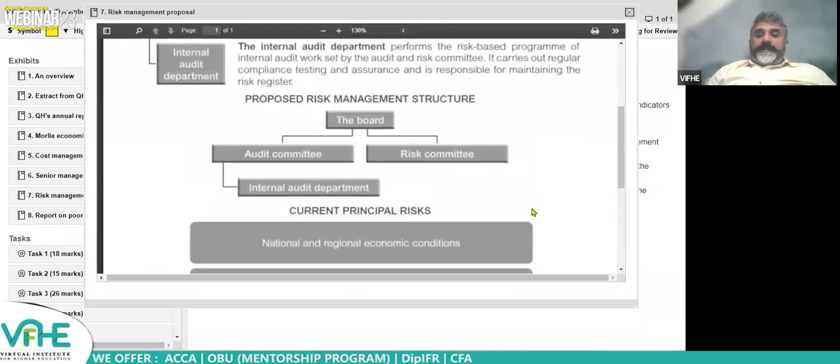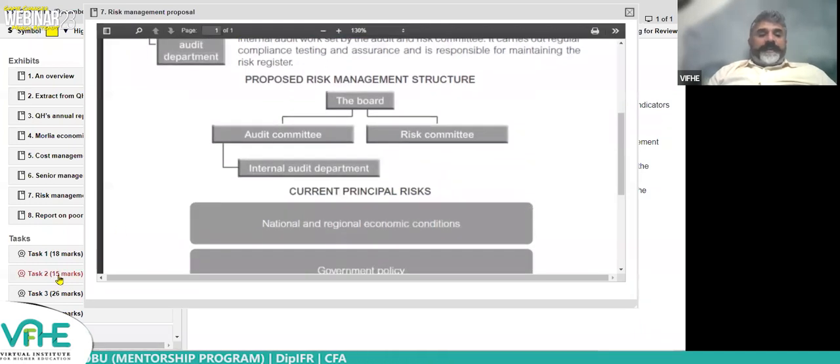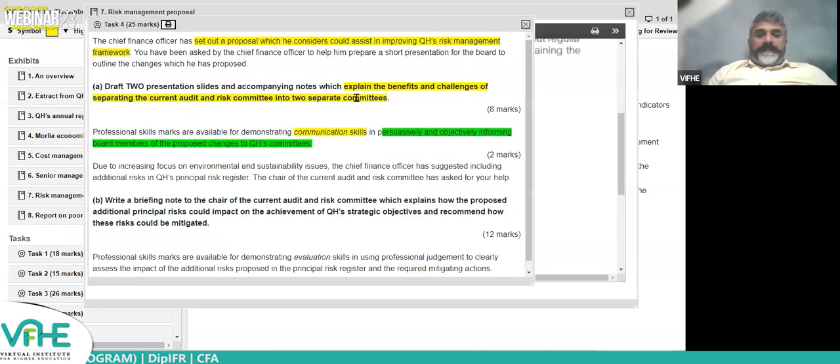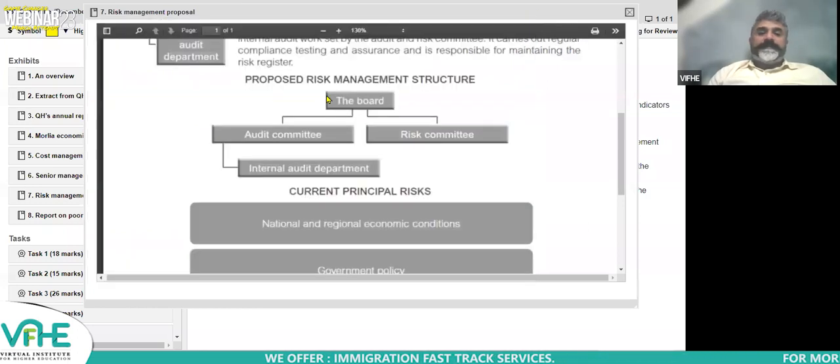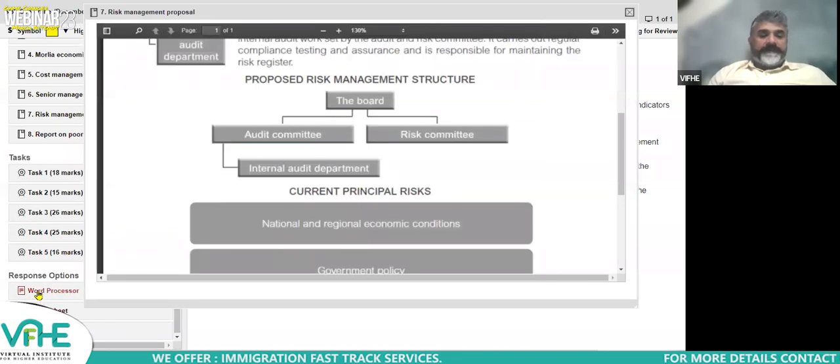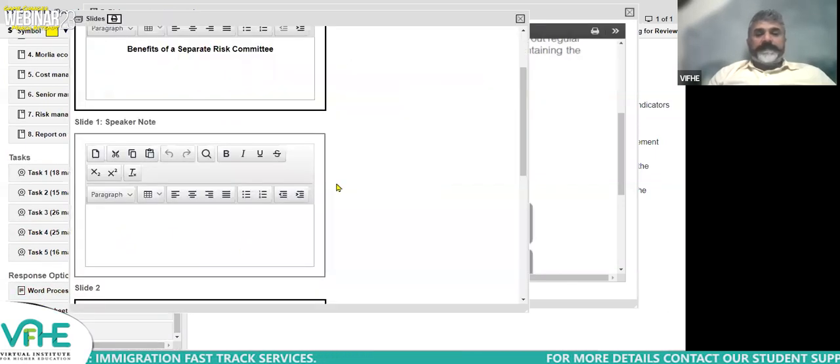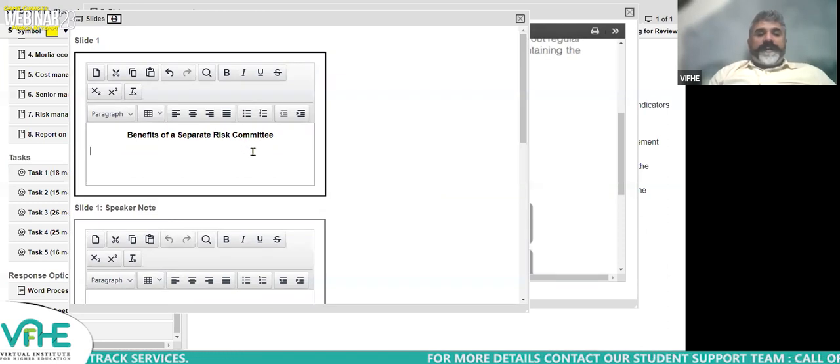Right. So going back to the requirement: prepare two presentation slides which explain the benefits and challenges of separating the current audit and risk committee into two separate committees. Let's open up the slide. So what are the benefits?